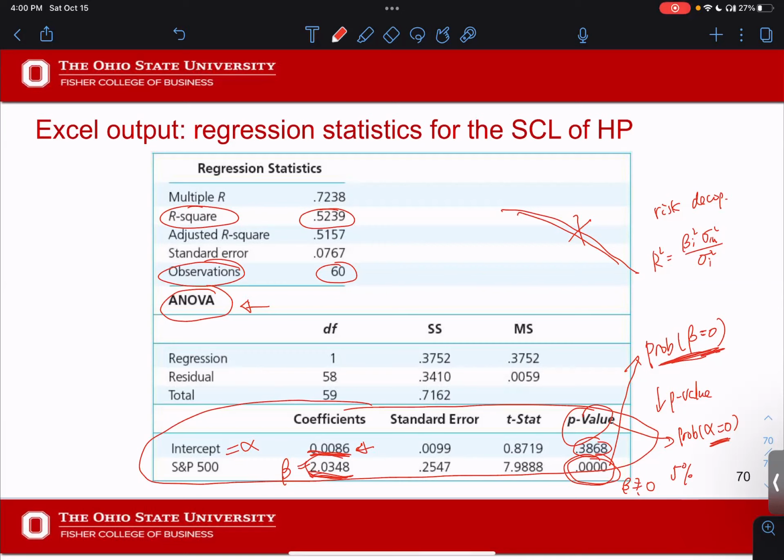But you can change, for example, the regression specification to test the probability of beta equals 1 or the probability of beta greater than 1. These two numbers are not output here. You can test them using another method or some other specification.